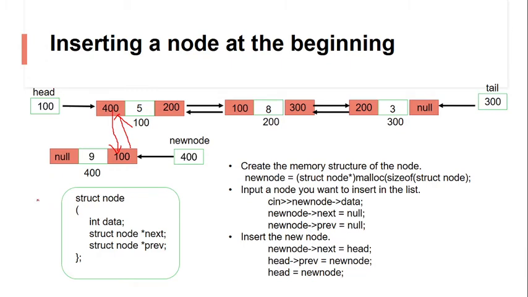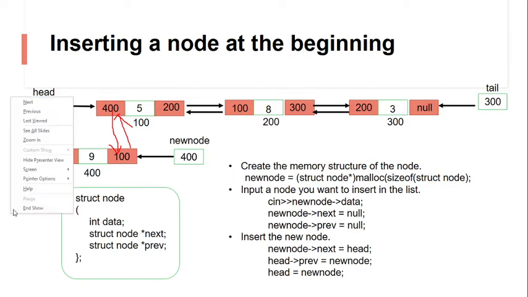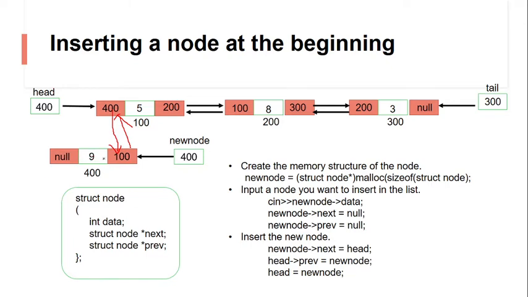For the head, as I said a while ago, it will turn into 400. Since 9 will now be the first node, because that is the new node that we have inserted at the beginning.